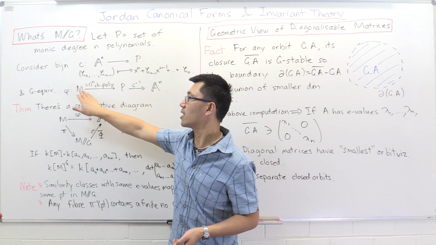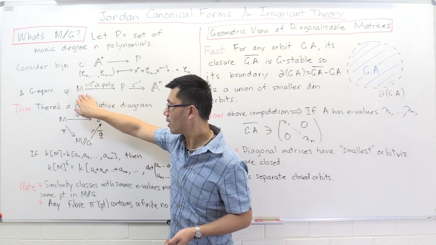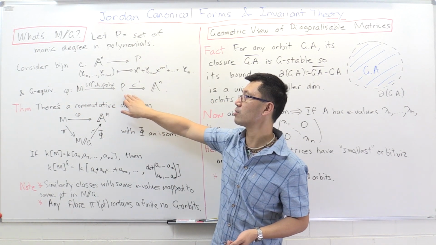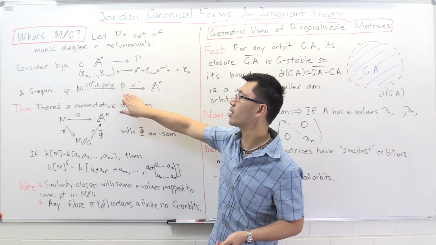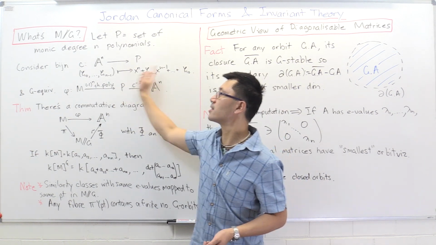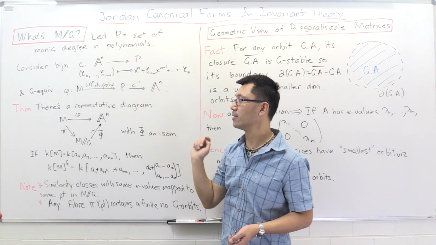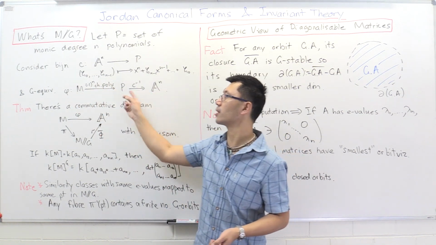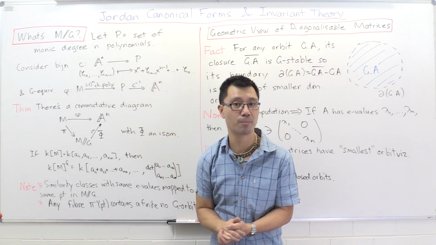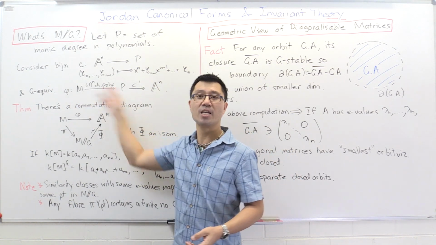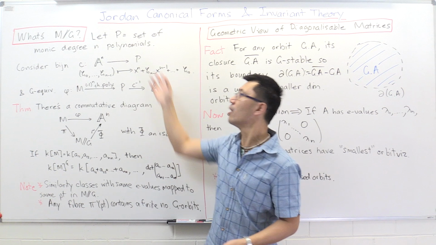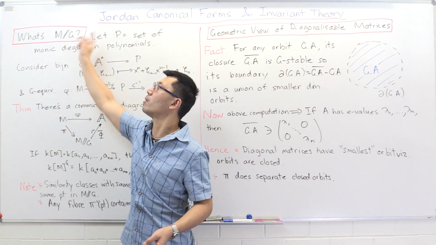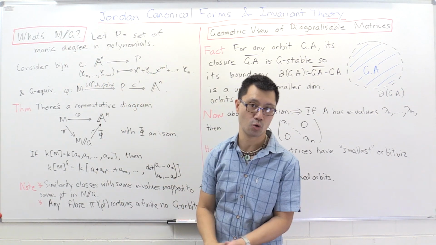So you can take the input, an n by n matrix, you spit out its characteristic polynomial, change it so that it's monic, and then you can apply the C inverse to map to A^n. So here you have a map from M to A^n, which just pulls out the coefficients of this characteristic polynomial, and this is G-equivariant. So just like the map from M to M double mod G is G-equivariant, this one is too.